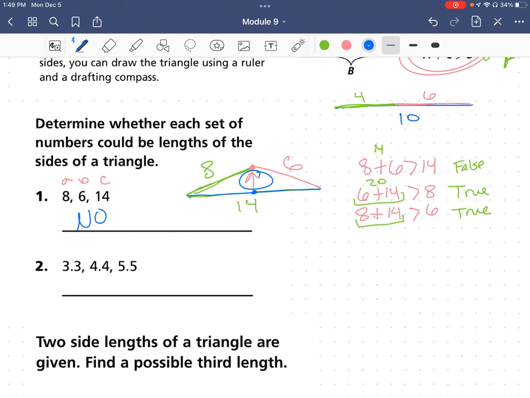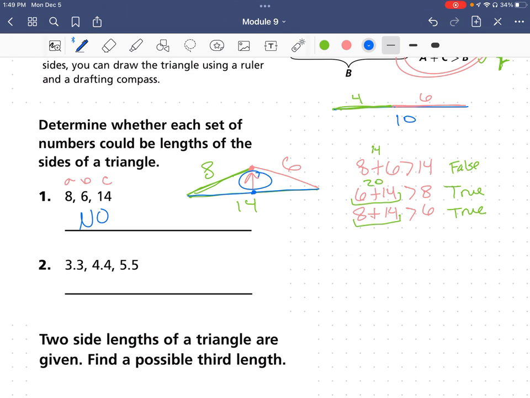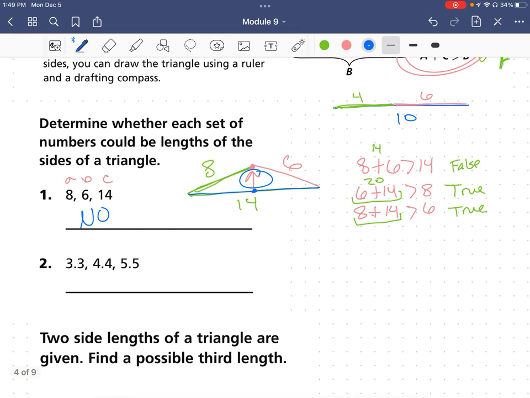All right, and then 3.3, 4.4, 5.5. We're going to write these all out too. Is 3.3 plus 4.4 greater than 5.5? And is 4.4 plus 5.5 greater than 3.3?